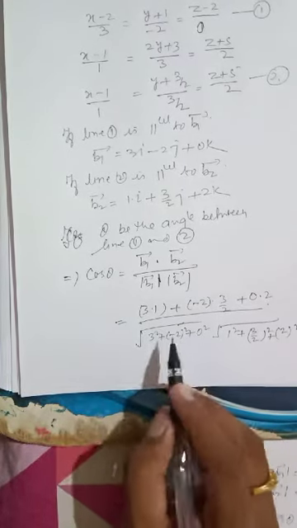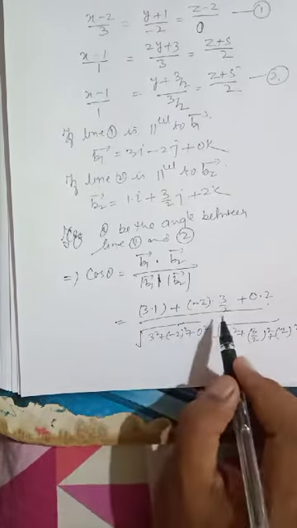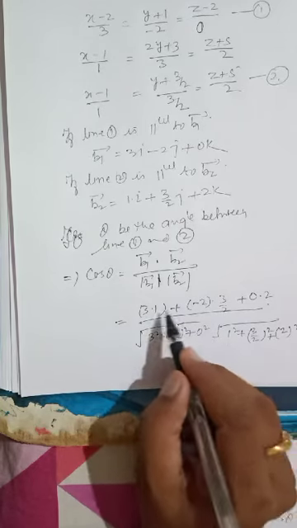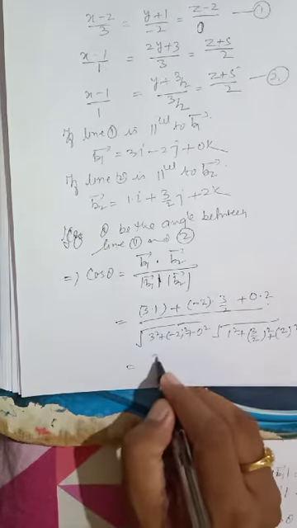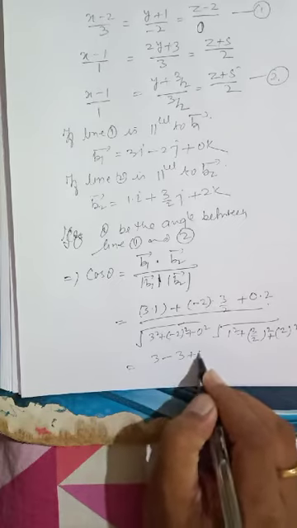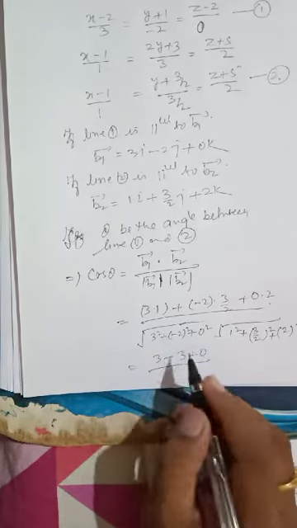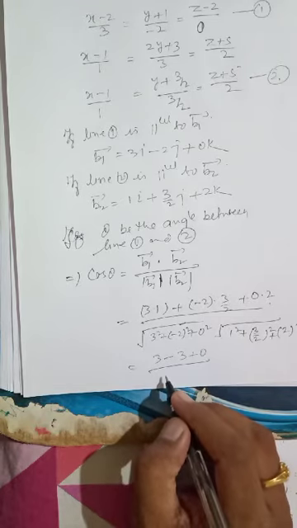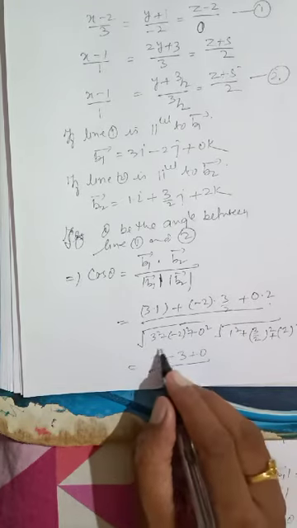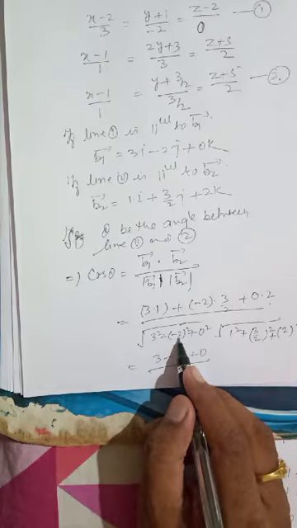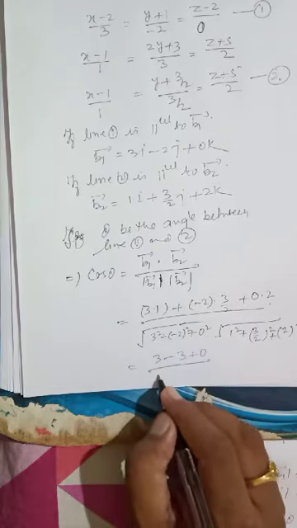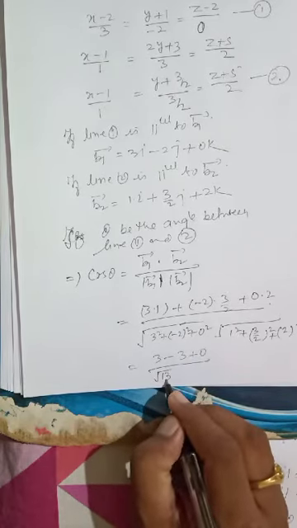So 3, this is cancelled out, so 3 minus 3 plus 0 upon what it be, 9 and 4 is 13. This is under root 2 square 4, 3 square 9, it is under root 13.